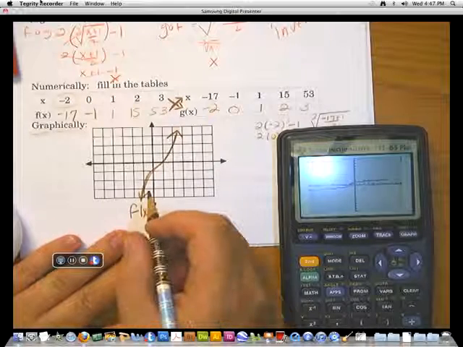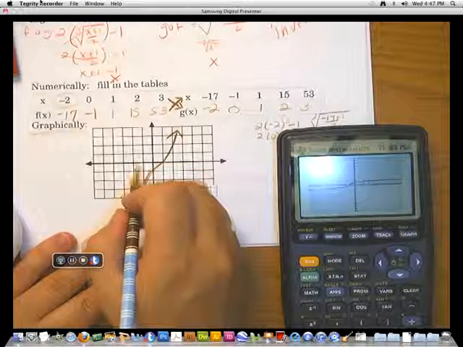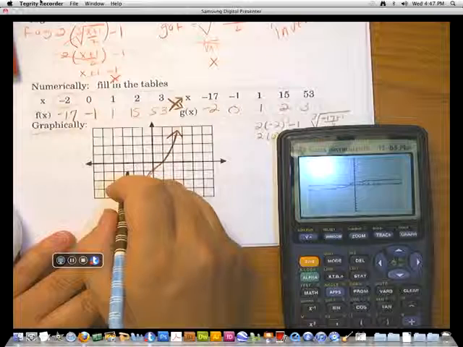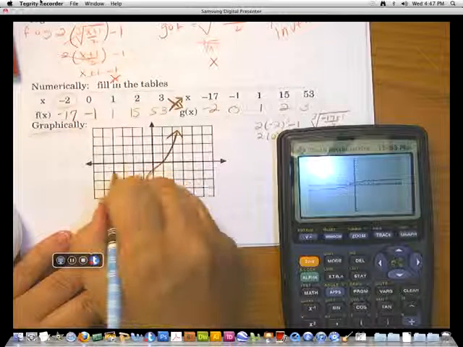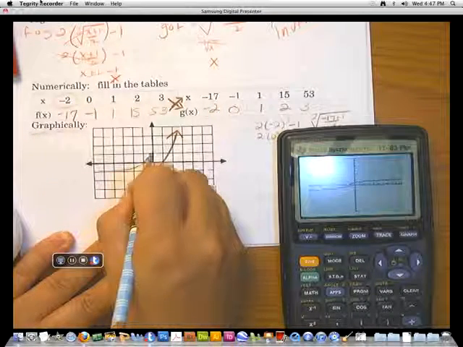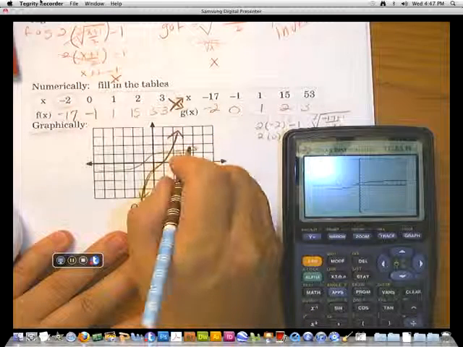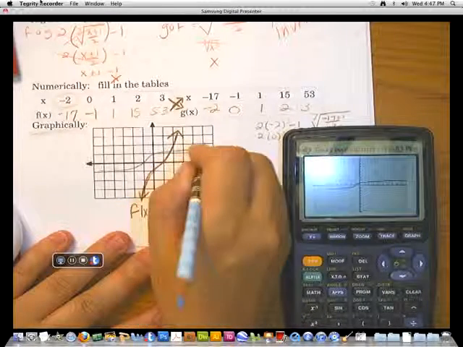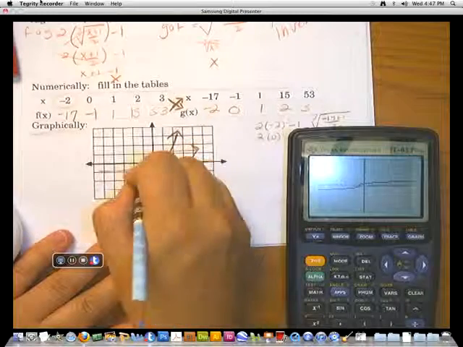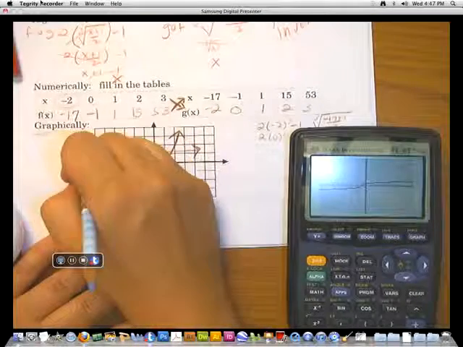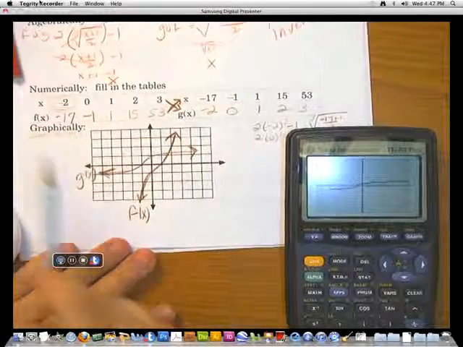And notice we get something that looks more like this one, something like that. And that's our g equation.